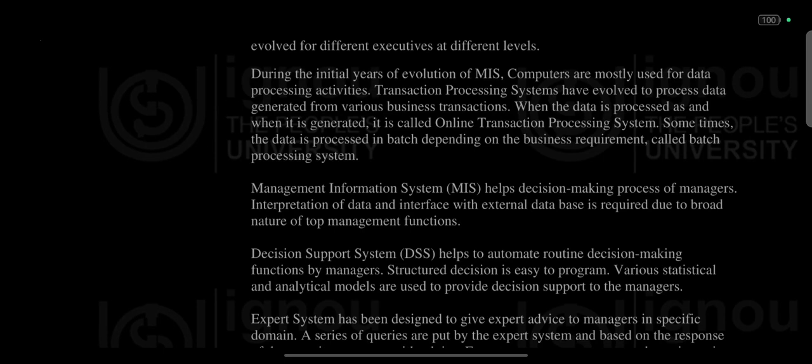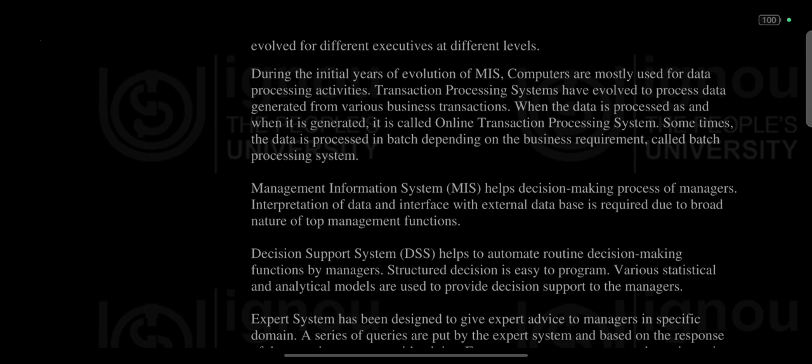Transaction processing systems have evolved to process data generated from various business transactions. When the data is processed as and when it is generated, it is called an online transaction processing system. Sometimes the data is processed in batch depending on the business requirement, called a batch processing system.